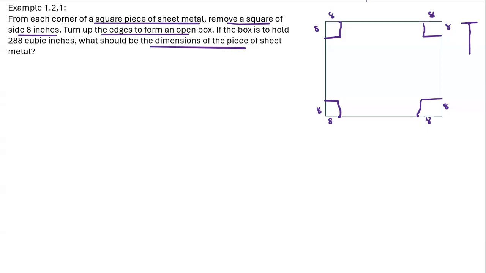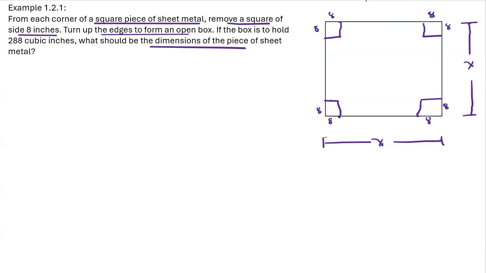I don't know what the length and width is. So this is x, and same thing here. We don't know the length and the width, but that's what we're trying to figure out.